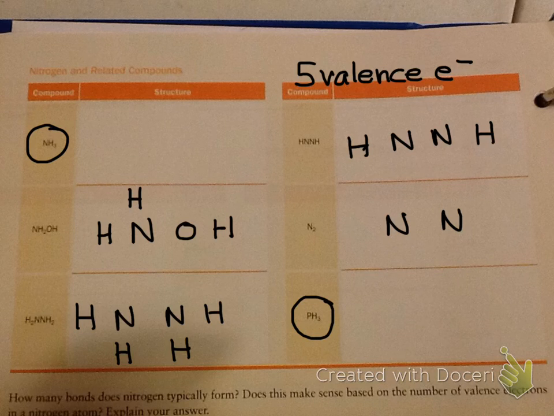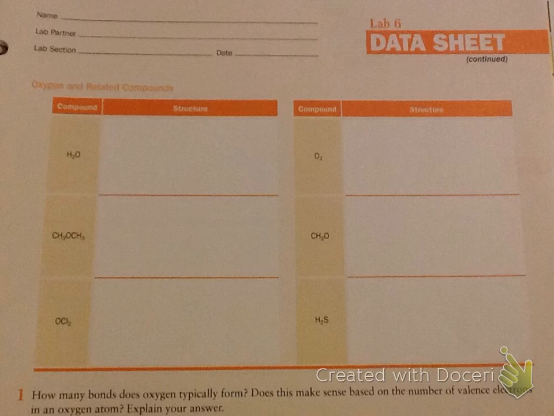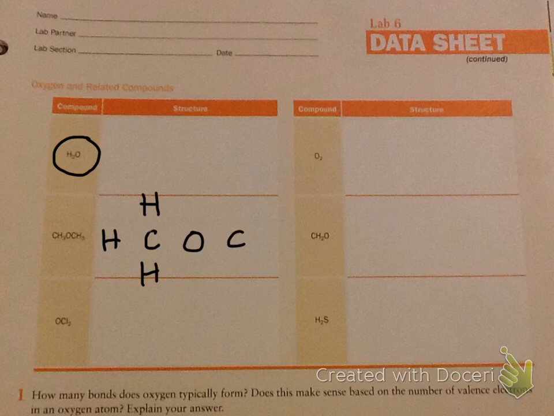I think you can do that one because phosphorus is in the middle. And then oxygen, okay, I think you can do water. This guy looks like it's kind of crazy. Oops, I keep trying to draw the bonds, but I want you to practice drawing the bonds. So remember, hydrogen's going to have a single bond to the atom it's next to.